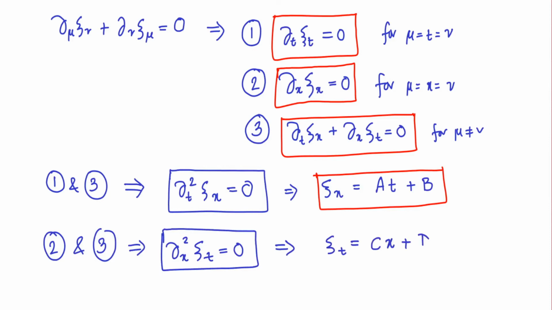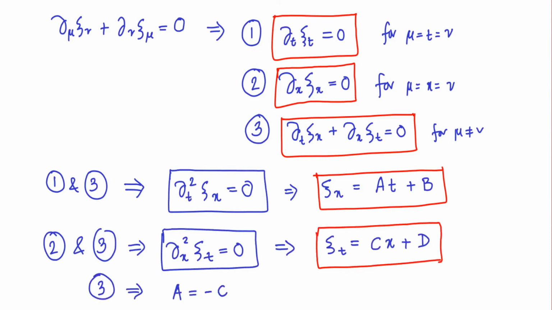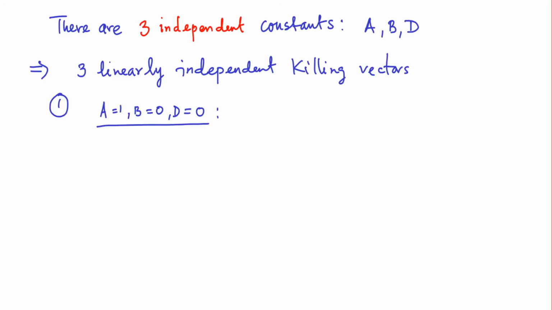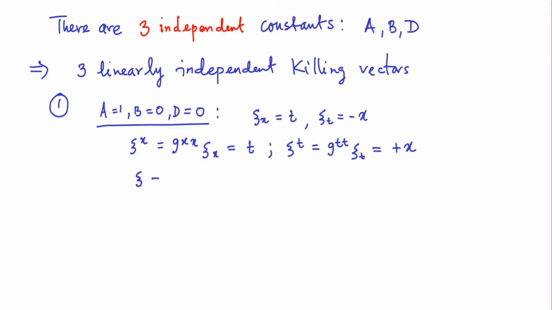The solution vectors contain 3 independent constants, namely a, b and d. The different choices of these constants lead to three different types of Killing vectors, as you see here.